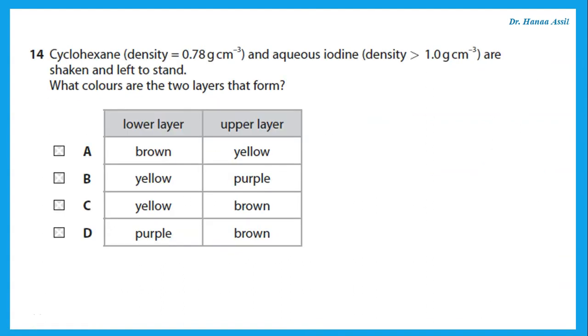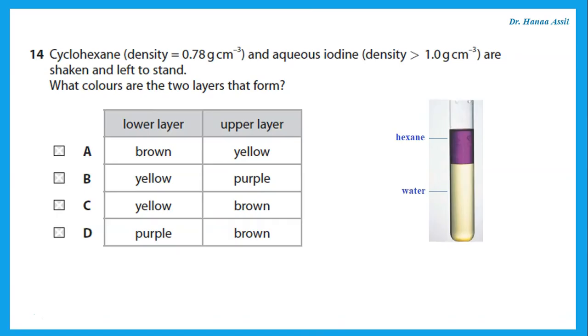This question says cyclohexane with this density and aqueous iodine, density more than 1 gram per centimeter cubed, are shaken and left to stand. What colors are the 2 layers that form? So we have iodine aqueous, that means iodine dissolved in water, and we're going to mix it with cyclohexane. Again, remember that when iodine aqueous is mixed with cyclohexane, some of the iodine dissolves in the cyclohexane, and you should know that when iodine dissolves in organic solvents, it is purple.